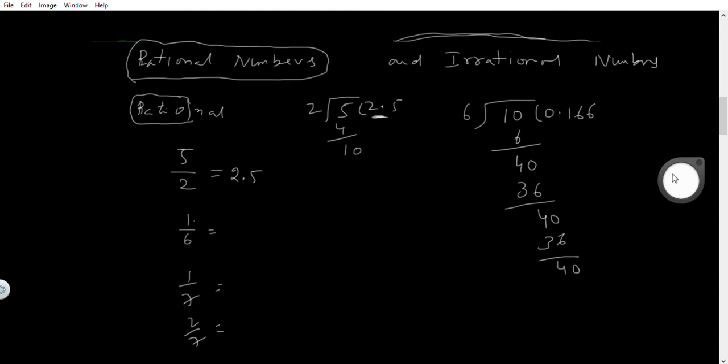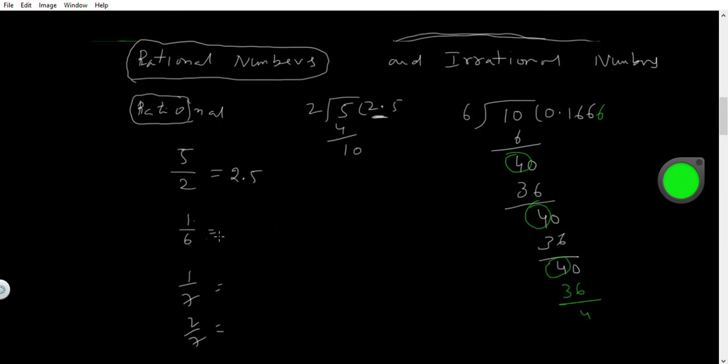By observing this division, I will get a repeated remainder 4, and 4, and 4. This is my repeated remainder. If you take again 6 6s are 36, I will get remainder 4. So this expression goes on like this.